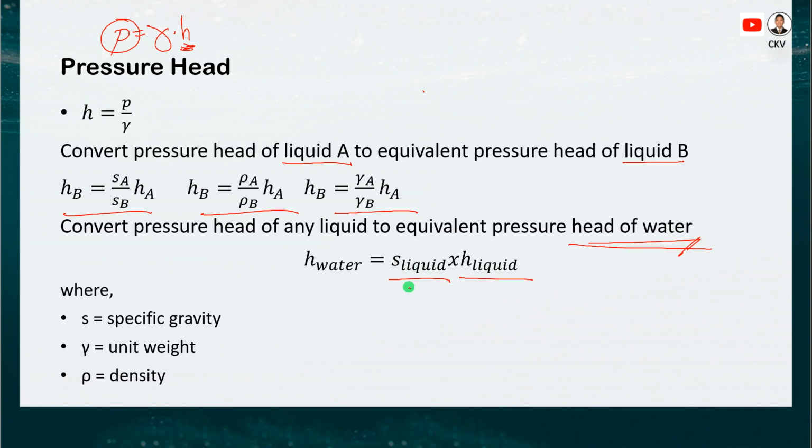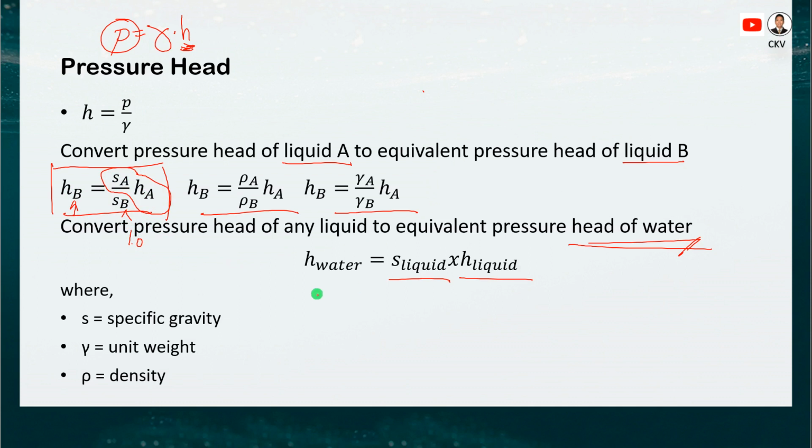The solution just came from the same formula, because if we want to convert the pressure head of any liquid to pressure head of water, which is here on B, it means that the specific gravity of water on B is 1. So if the specific gravity of water is 1, we can just simply multiply the specific gravity of that liquid by its height.